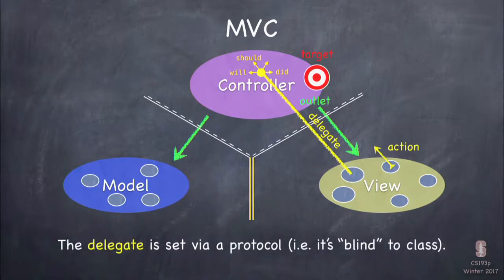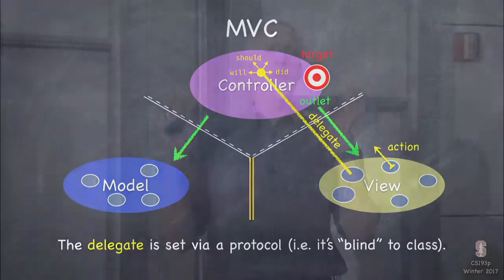I know that a lot of you, even though you have object-oriented experience, maybe you don't have experience with protocols, but essentially a protocol is a way of saying that this type, this thing that I'm talking about, responds to a certain set of methods. I don't know what class it is, I don't know if it's a view controller, I don't know what it is, but I know it's going to respond to these methods like will scroll, did scroll, should scroll, those kinds of methods. That's all I know about it.